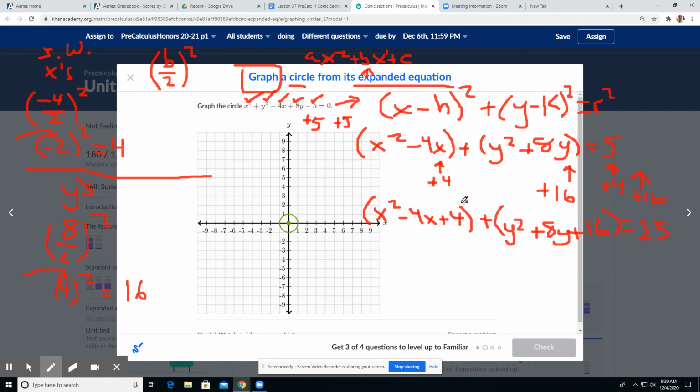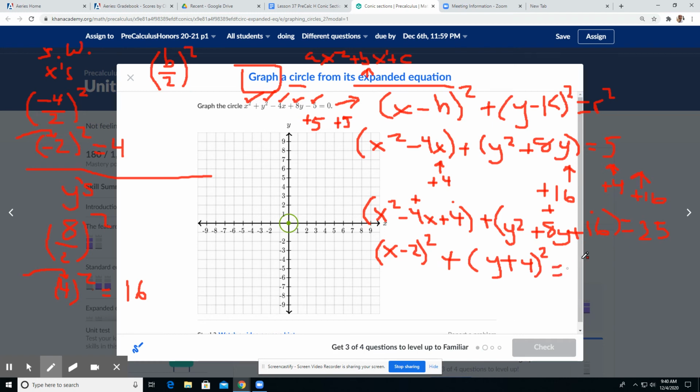What two numbers multiply to be 4, add to be negative 4? x minus 2 times x minus 2. I'll just say x minus 2 squared. There's that minus 2 I was talking about. The y's: what two numbers multiply to be 16 and add to be 8? That's y plus 4 times y plus 4. So it's going to be written as y plus 4, quantity squared.